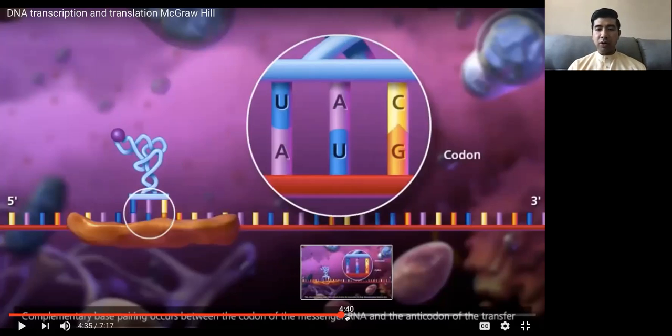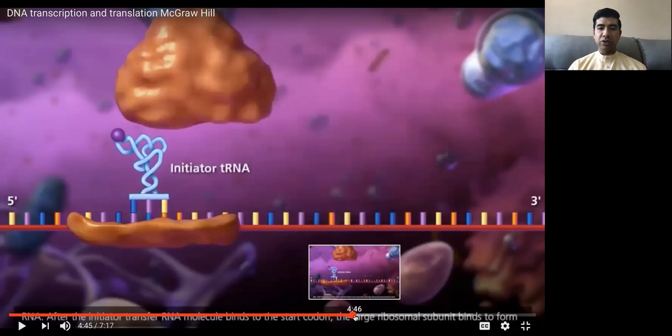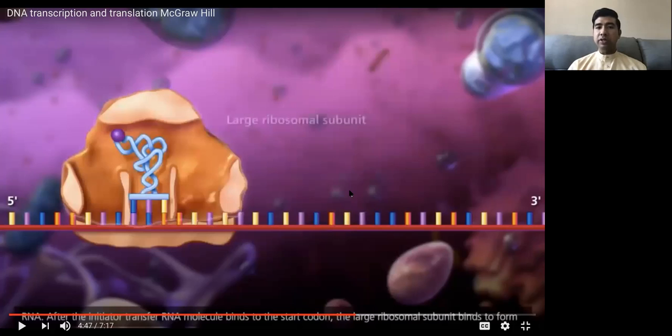And then finally, when you have this complex, a bigger guy comes in, which is your large ribosomal subunit, whereby it has 3 slots or 3 sites, which are E, P, and A. Nanti ada video show it to you. It recognizes the tRNA and the small ribosomal subunit.